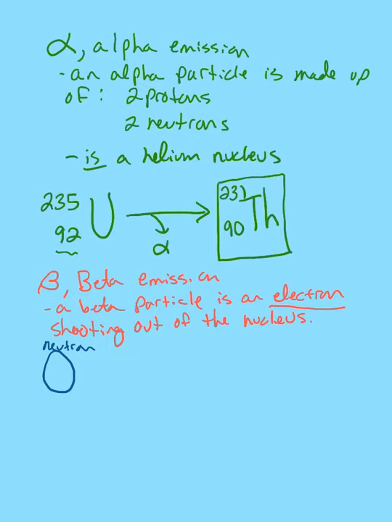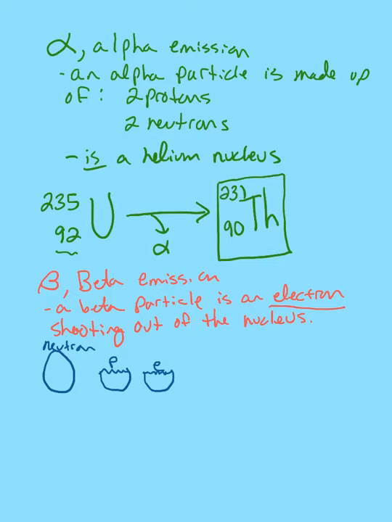What happens in beta emission, and neutrons are in the nucleus, is it breaks down and leaves a proton and an electron in its place. Again, artistic license, neutrons are not actually like eggs. They don't hatch. But in a beta decay, a neutron does decay and it leaves a proton and electron in its place.